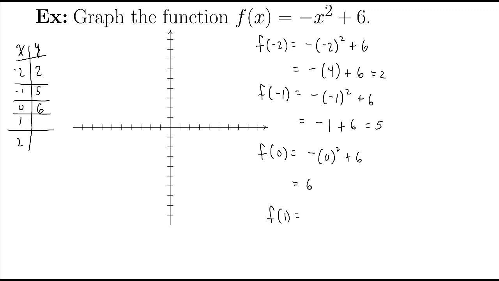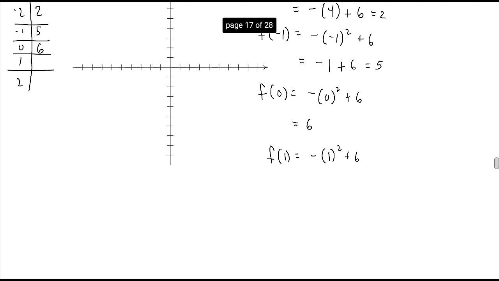Okay, let's plug in 1. Negative 1 squared plus 6. 1 squared is 1, but don't forget about the negative on the outside. Negative 1 plus 6 is 5. And then finally, f of 2.